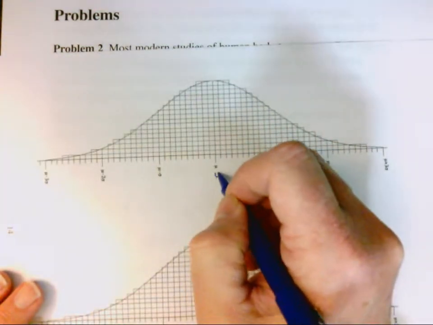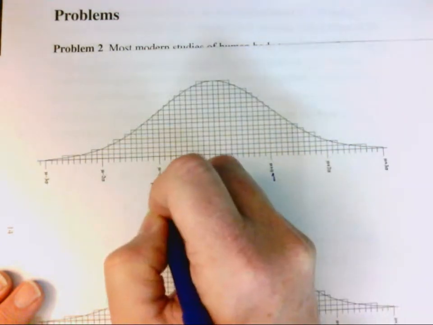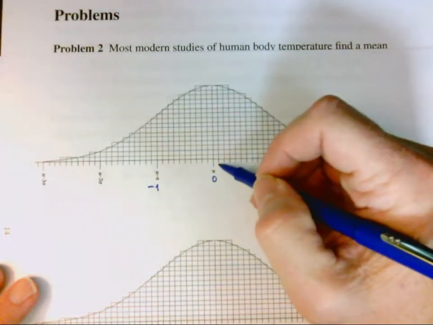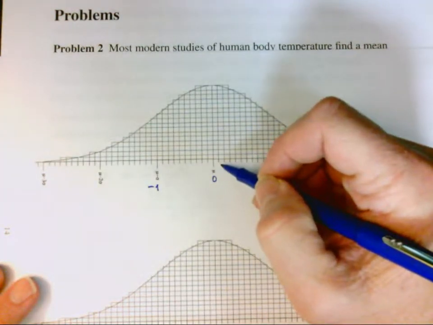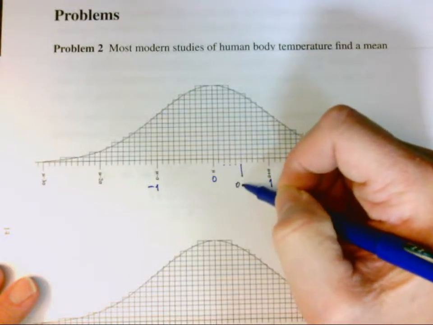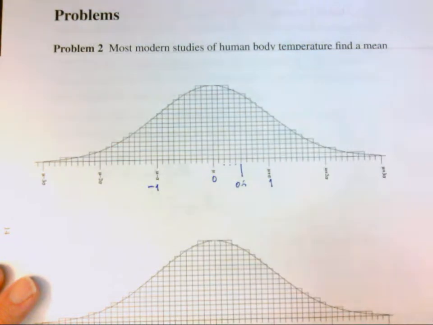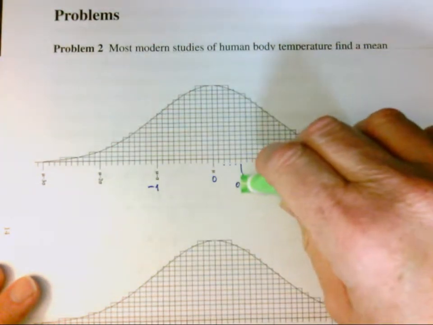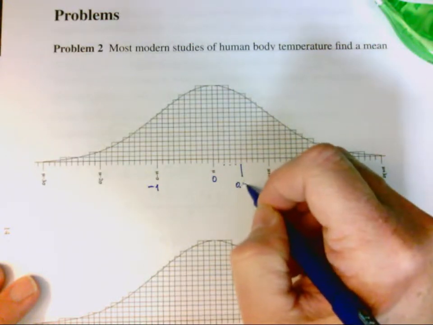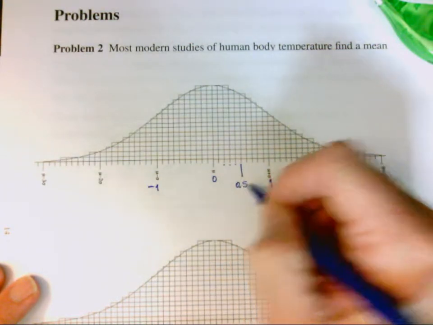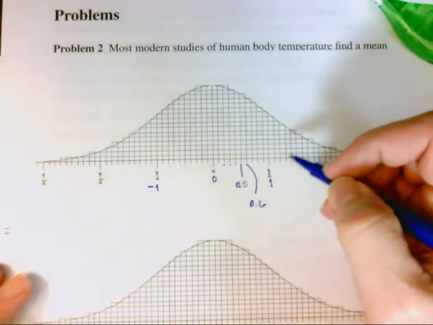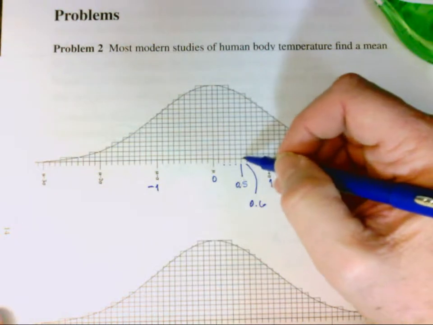Remember that z equals 0 is here, z equals 1 is here, negative 1 is here. That's 0.1, 0.2, 0.3, 0.4. That's z equals 0.5. This would be z equals 0.6. So 0.57 is somewhere in between those two.